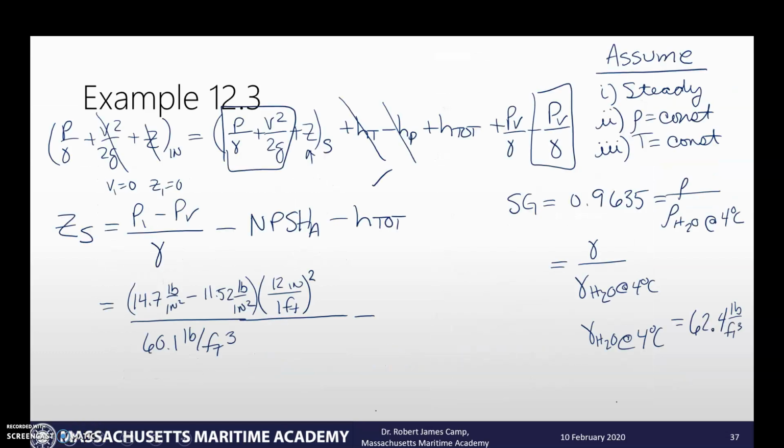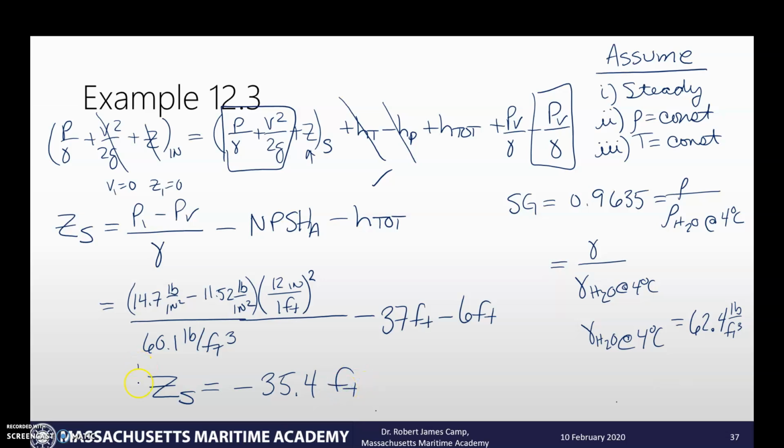So we come back over here, minus 37 feet, and then we have our frictional head loss of 6 feet. Once I calculate that out, I get negative 35.4 feet.